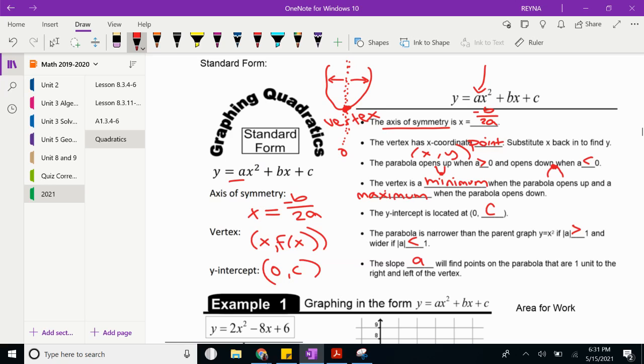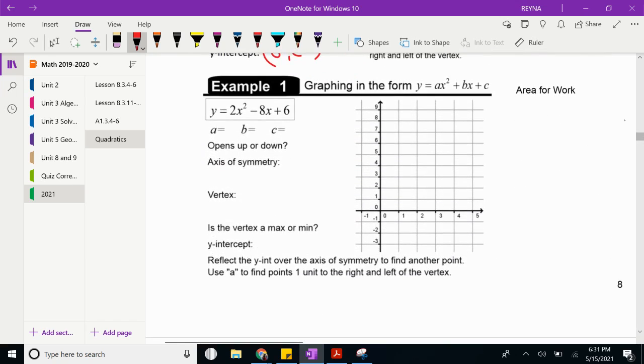Okay, so let's try. So first thing, they want us to label A, B, and C. Again, these are the numbers in front. So A is 2, B is -8, and C is 6.